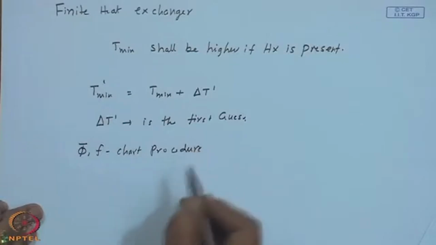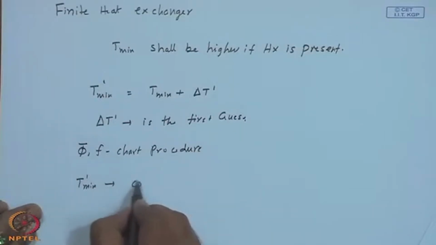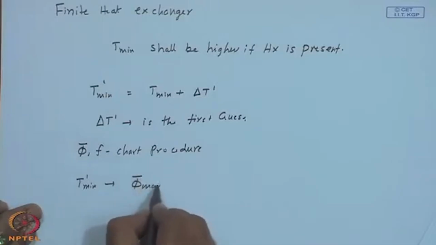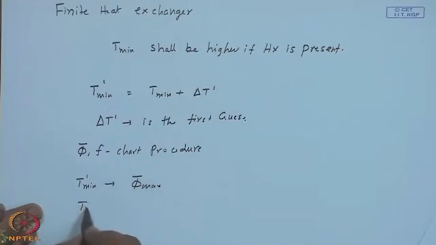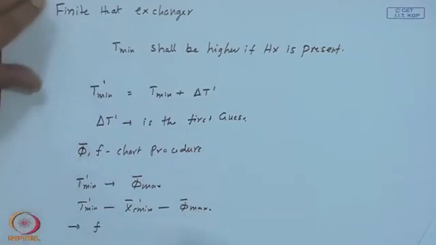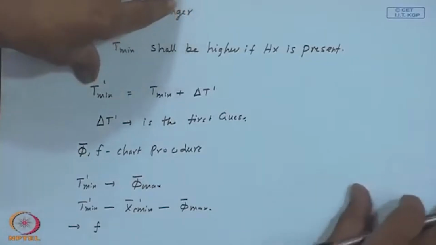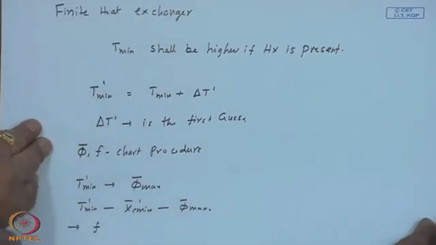What do we mean by this? T min 1 corresponds to some phi bar max, or in between if you want, T min 1 corresponds to X c bar min 1 corresponds to phi bar max. Then I will get my solar load fraction. Y and X are straightforward to calculate, because they do not depend upon T minimum.